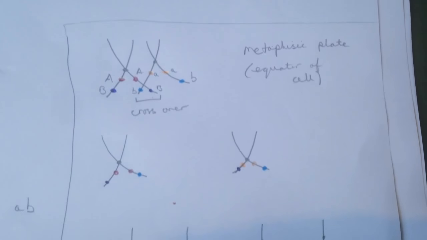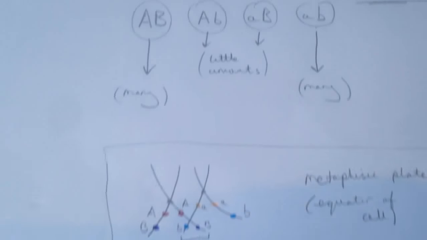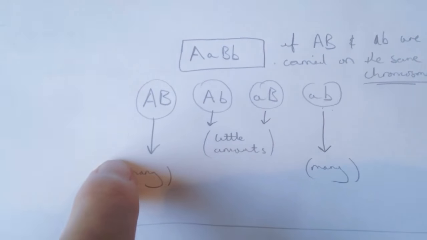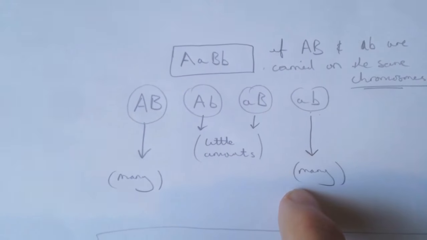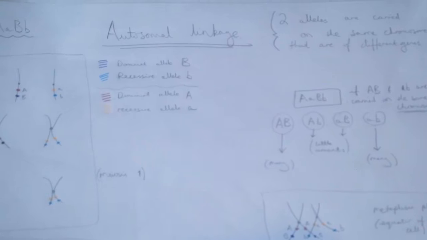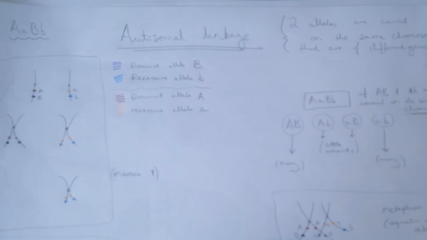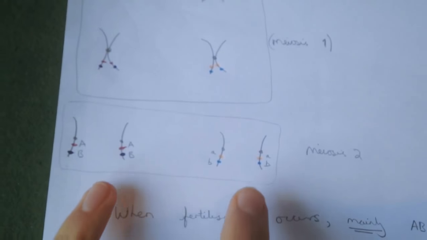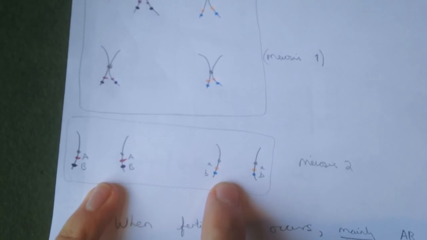So as a result of meiosis and the crossing over, this is what's formed. So that's why we still get small numbers of these two, given that these are linked and these two are linked.